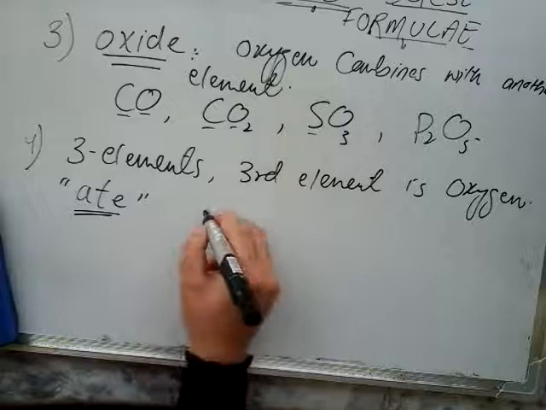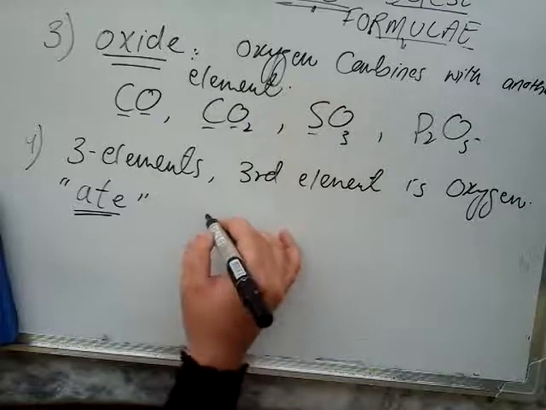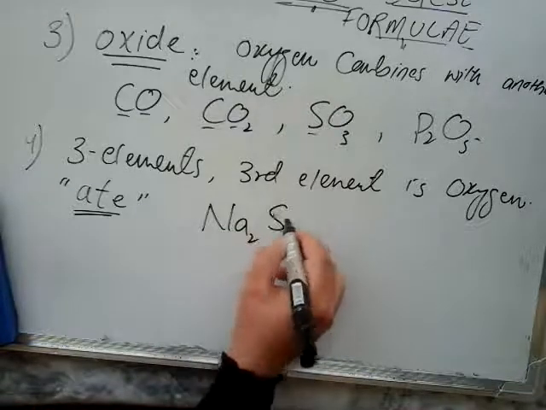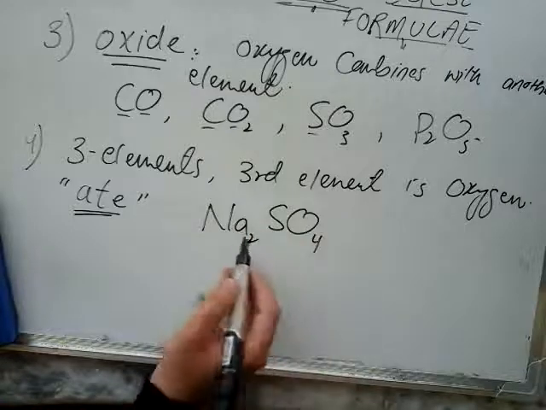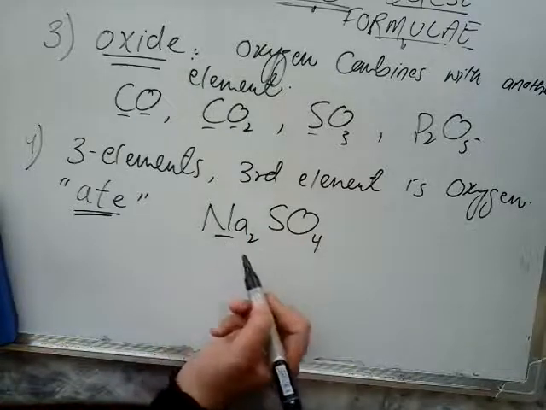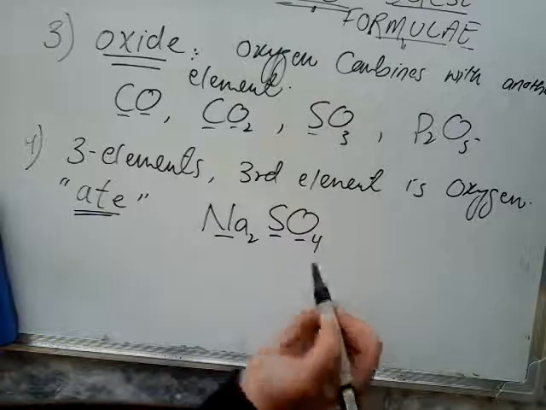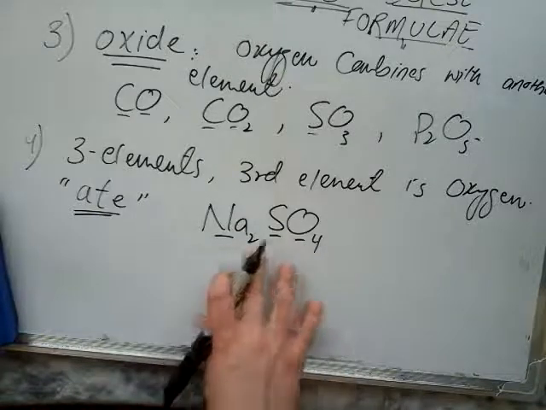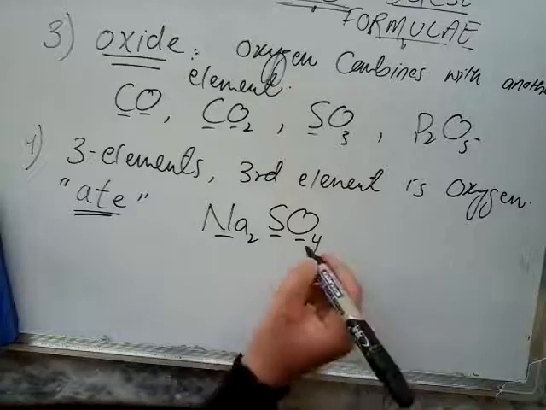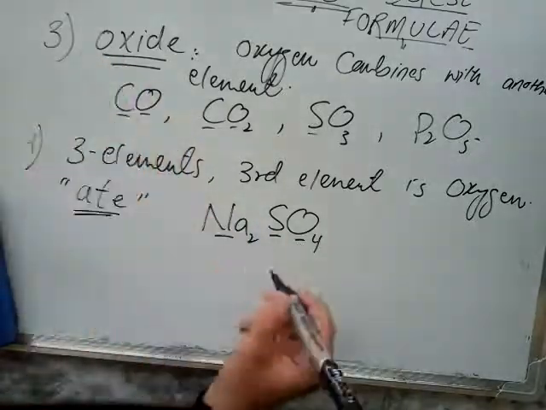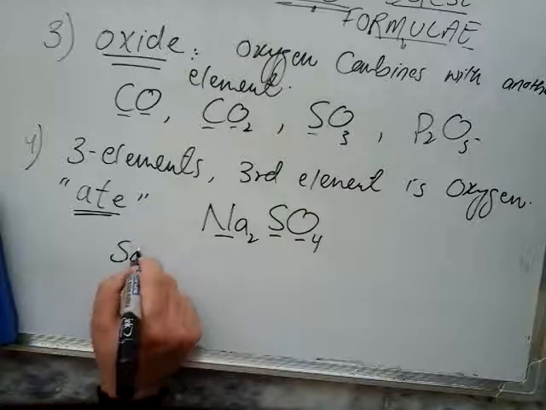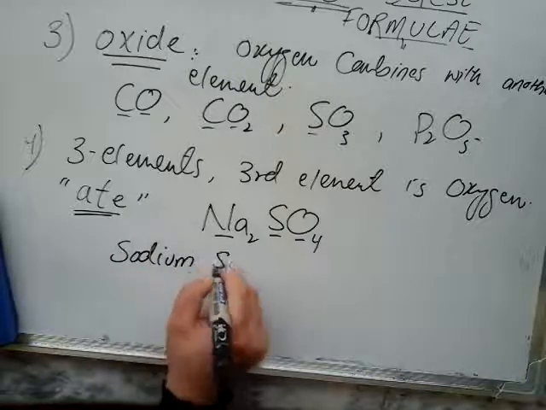Suppose, for example, sodium sulfate, Na2SO4. Here you can see three elements are present. Two atoms of sodium, one atom of sulfur, and four atoms of oxygen. Means three different types of elements are present. So we do not use oxide, we will use ate. That is sodium sulfate.